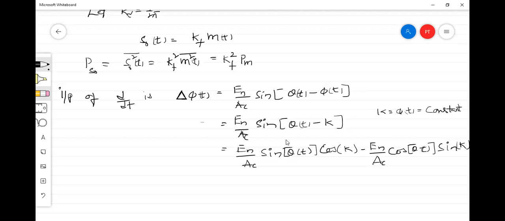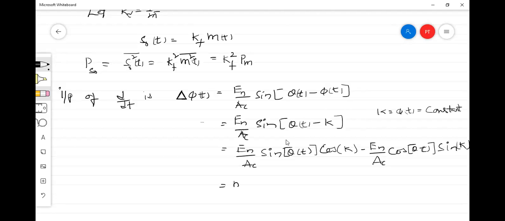Now, if you look at this equation carefully, you can find the product of En and sine theta n. This is the magnitude of the noise and this is the component. So En into sine gives us a noise component, a quadrature component.